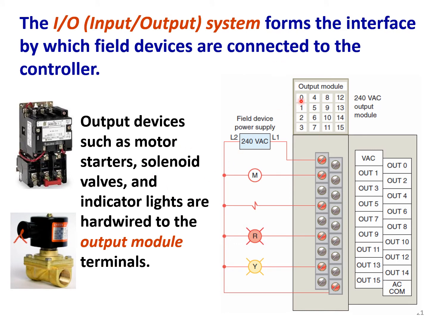And the same goes for the output module. Here we have one output module which is connected to some output field devices like a motor, solenoid, and pilot lights, red and yellow pilot light. And you see, for example, here the field device power supply is separate because the field devices here work with 240 volt AC.